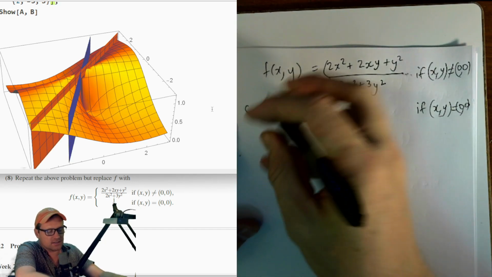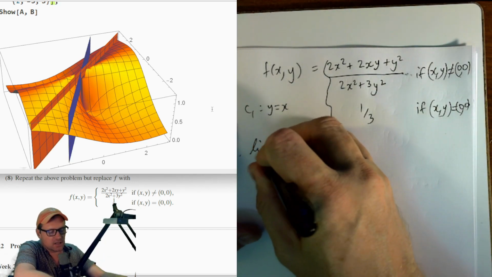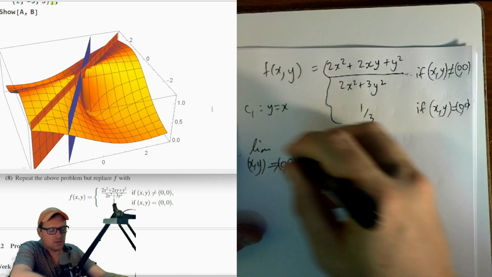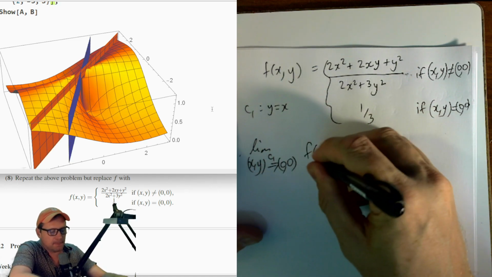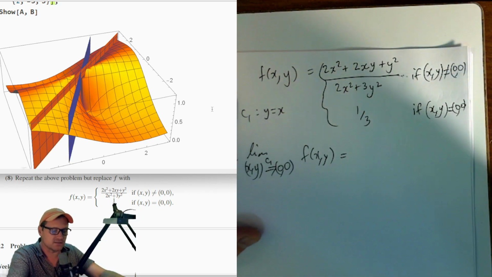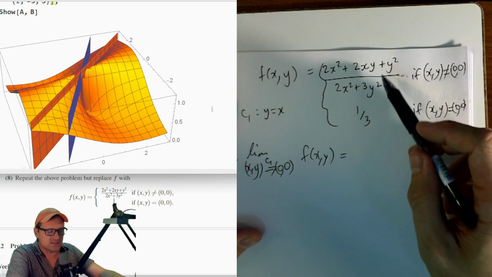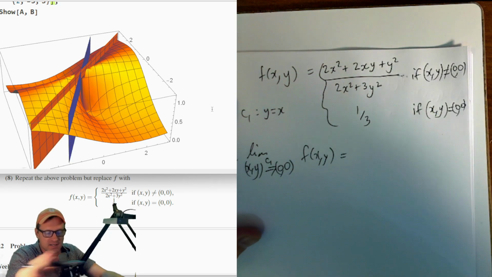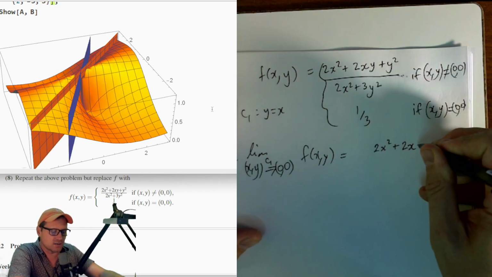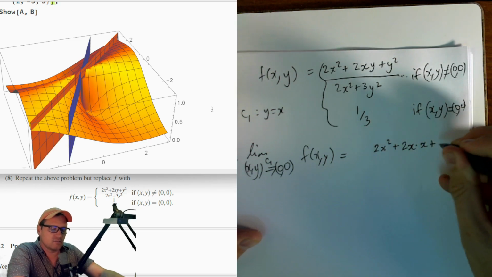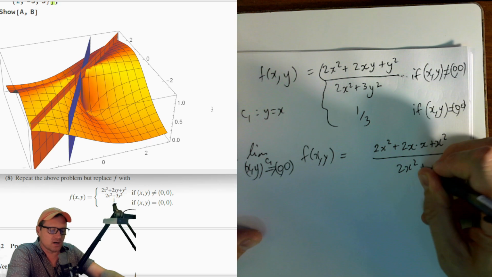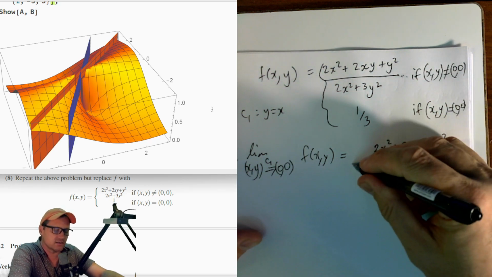Along C1, the limit as x, y goes to 0, 0 along C1 is, we're just going to replace all of the y's with x. So 2x squared plus 2x times x plus x squared over 2x squared plus 3x squared.